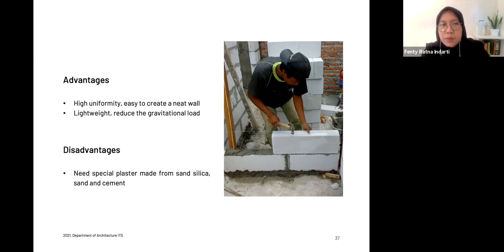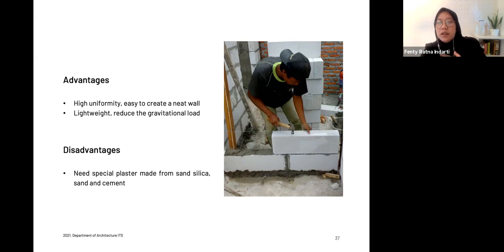But if you compare light brick with clay brick, clay brick is most commonly known by all craftsmen from all areas, while this one is popular but usually used in a big city because it dries very quickly.